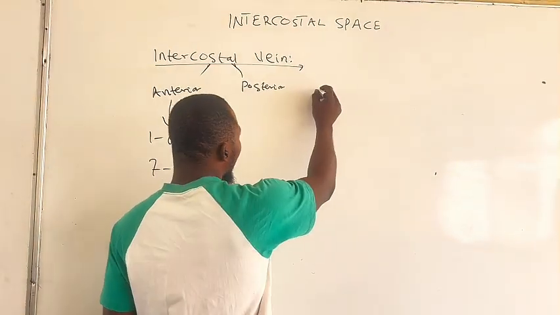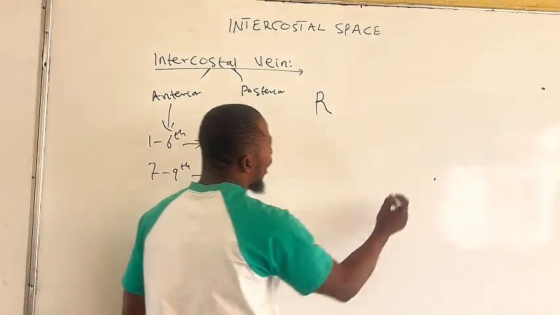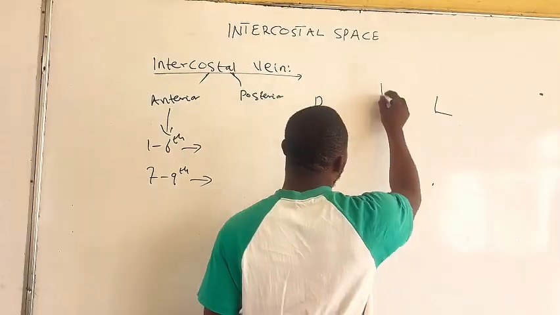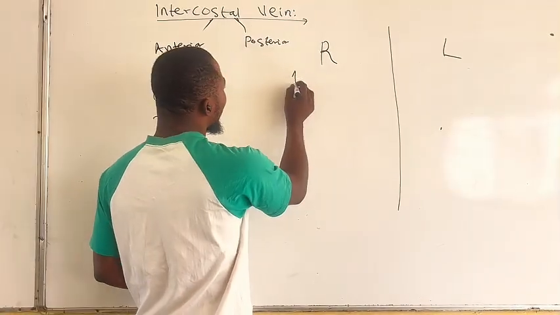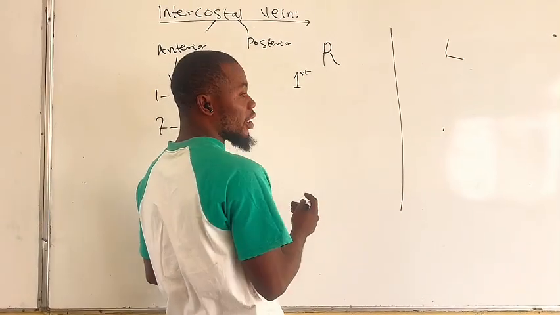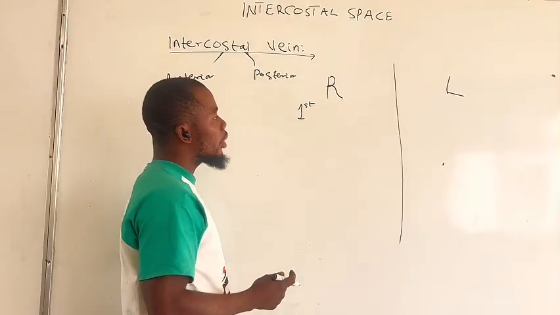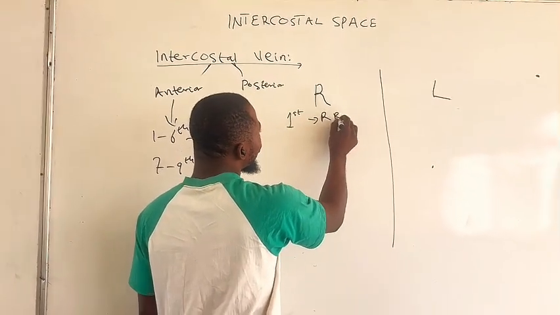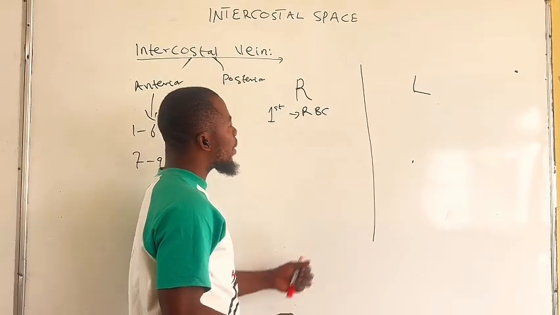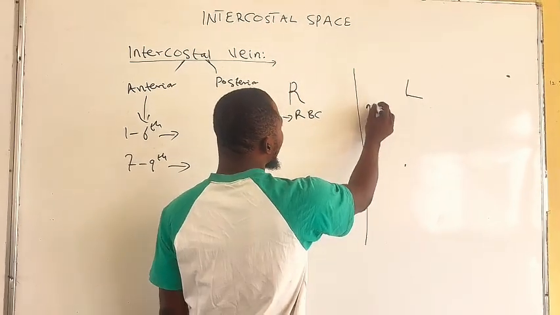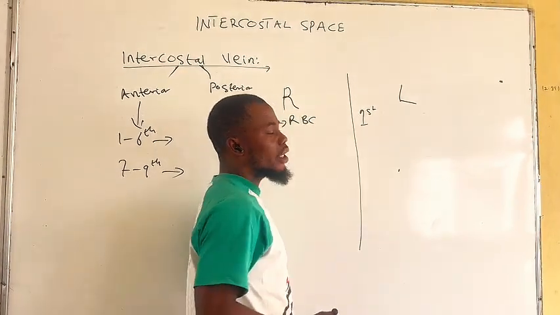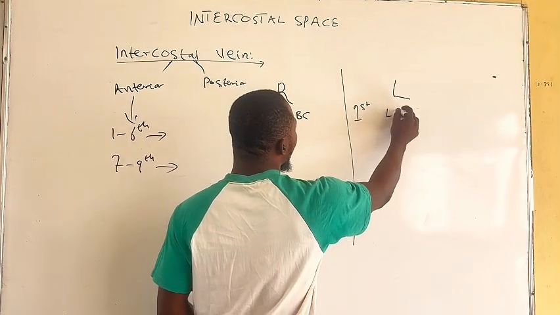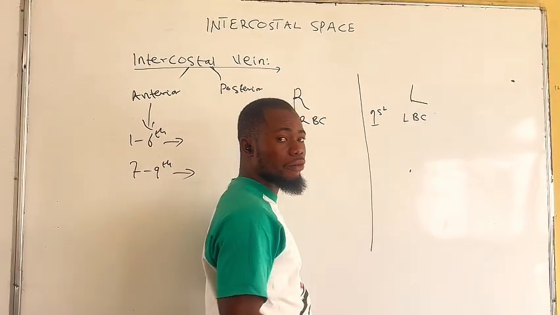Now, this is the right side and this is the left side. The first posterior intercostal vein, that is the largest posterior intercostal vein, terminates in the right brachiocephalic vein, whereas the first posterior intercostal vein at the left side terminates in left brachiocephalic vein.